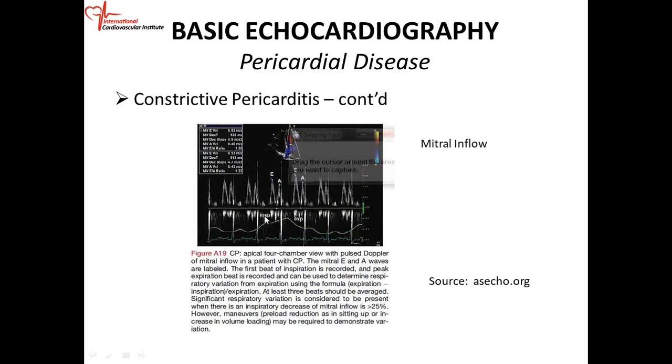Okay, so with inspiration, you're going to get a decrease in the E. Okay, and then with expiration, it gets big. So it has to be more than 25%. So how you do that is your expiration E minus your inspiration E divided by your expiration E.